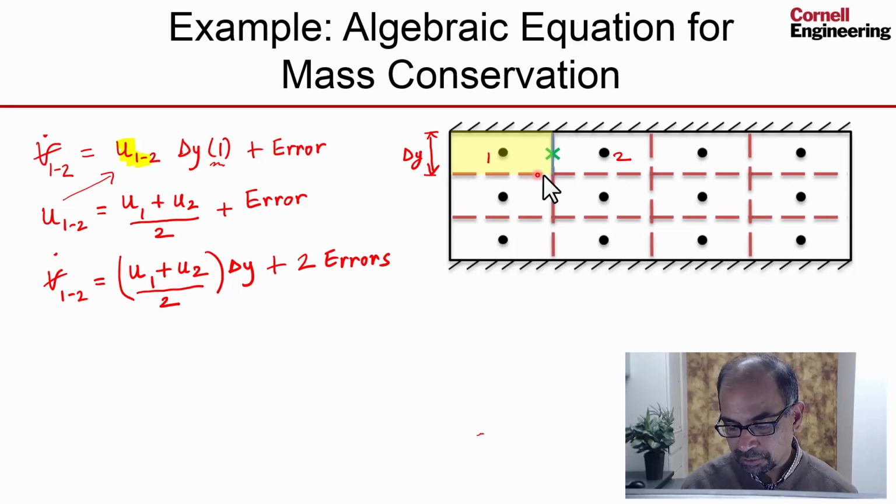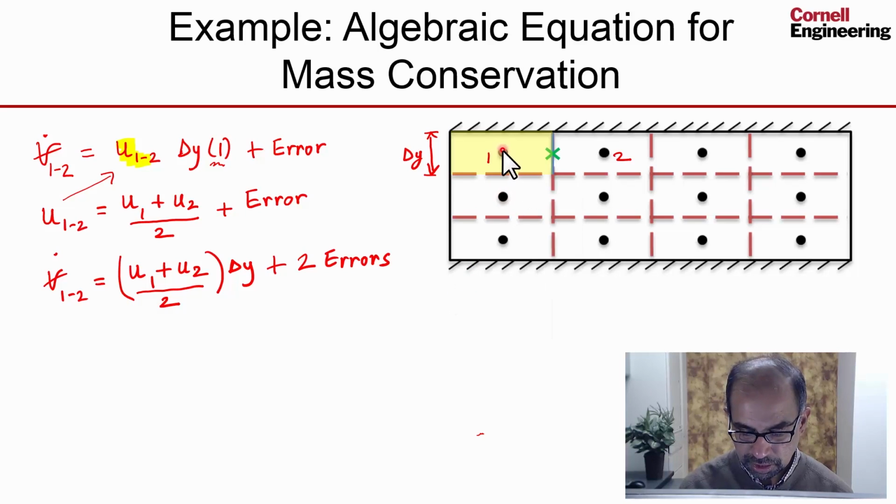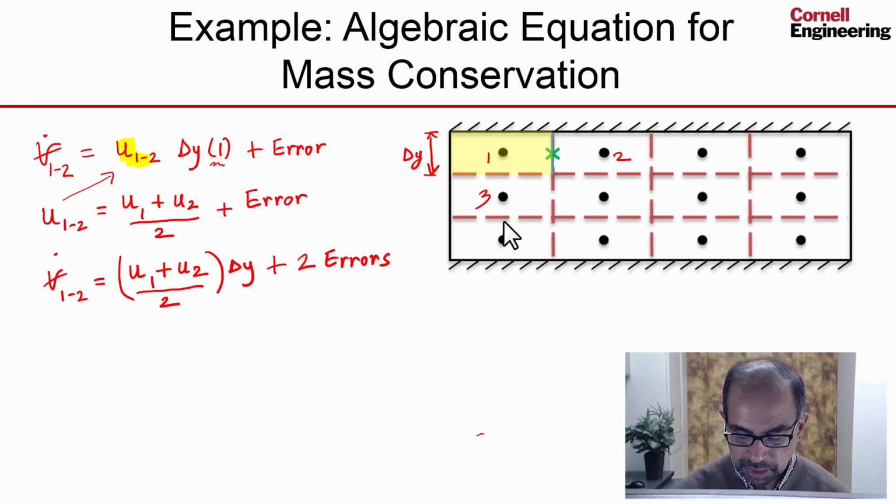Similarly, to calculate the volume of flow going through that boundary, I'll have to interpolate between the velocity over here and the velocity over here, and let's say that's cell 3. So I'll have to interpolate between cell 1 and cell 3, particularly the v velocity, that is the velocity in the y direction. I'll let you work that out.